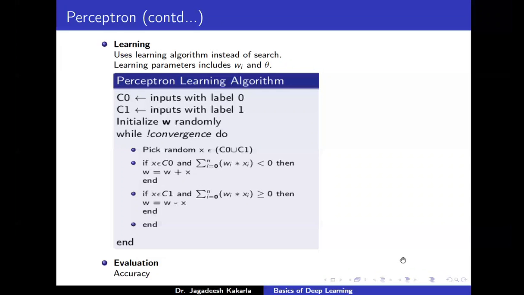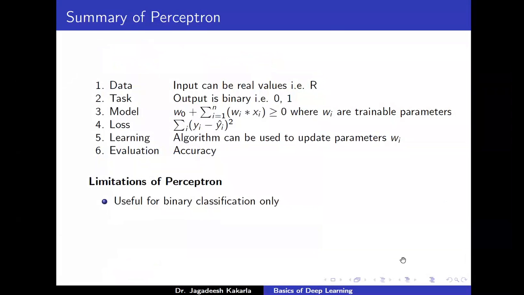We keep changing the weights and finally find the particular weights for which the loss is less. Then during testing we compute the accuracy to know how the model is performing on the testing data.